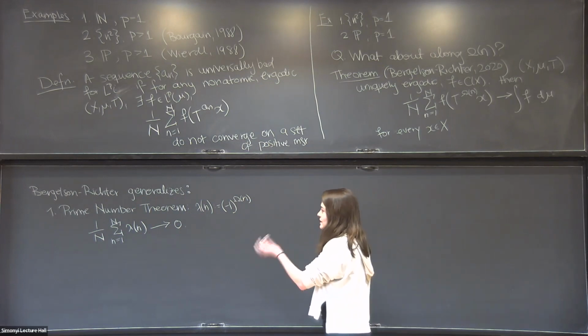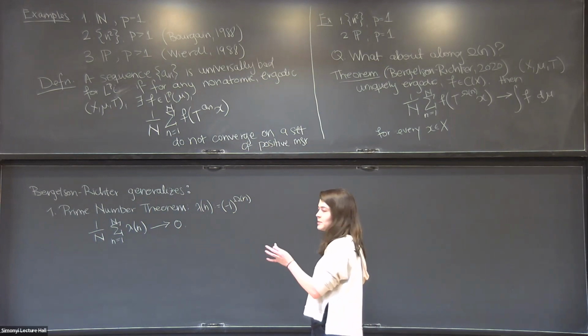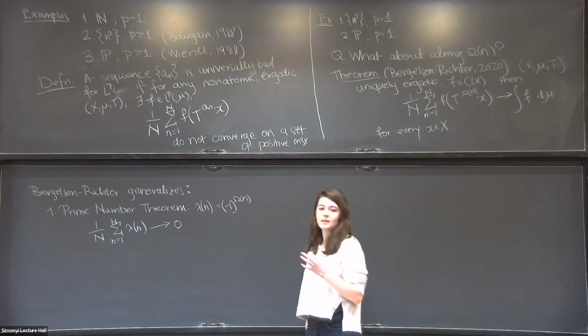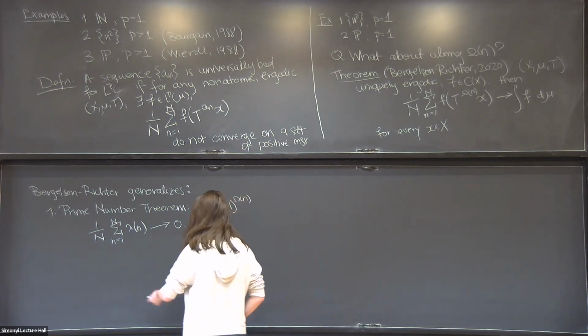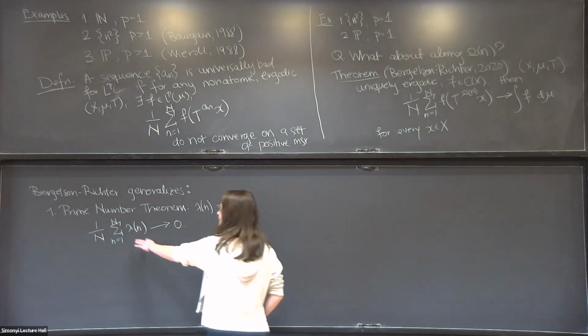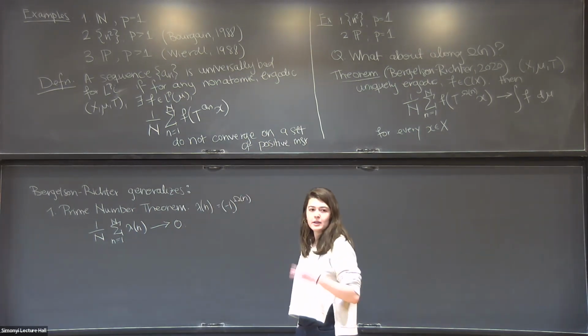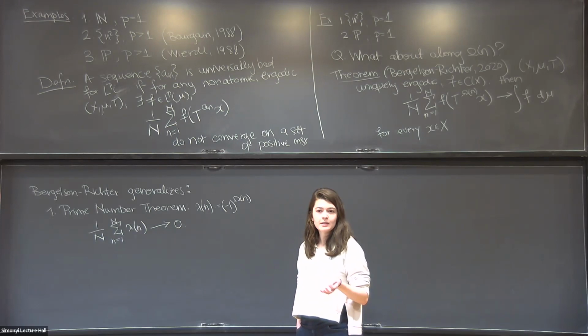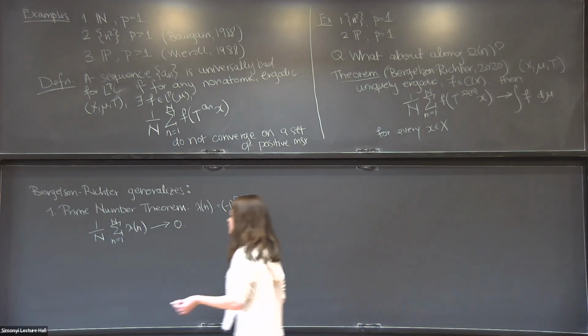In this formulation, which isn't dynamical yet, but is a little dynamically leaning because it's talking about averages of some function, the key point is that the Liouville function can be captured by a uniquely ergodic system. That gives us the tie to the Bergelson and Richter theorem.